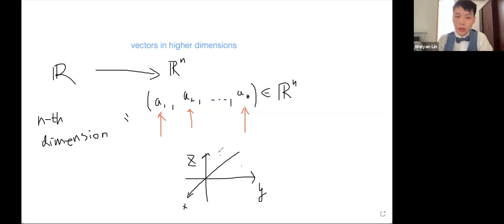A vector is a pointed arrow from the origin to this point (x, y, z).